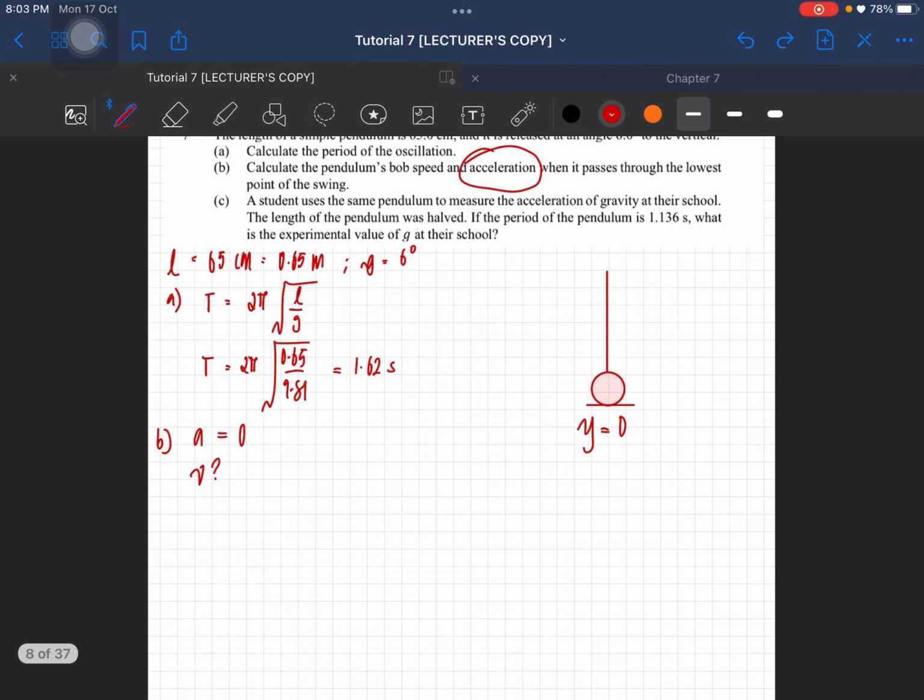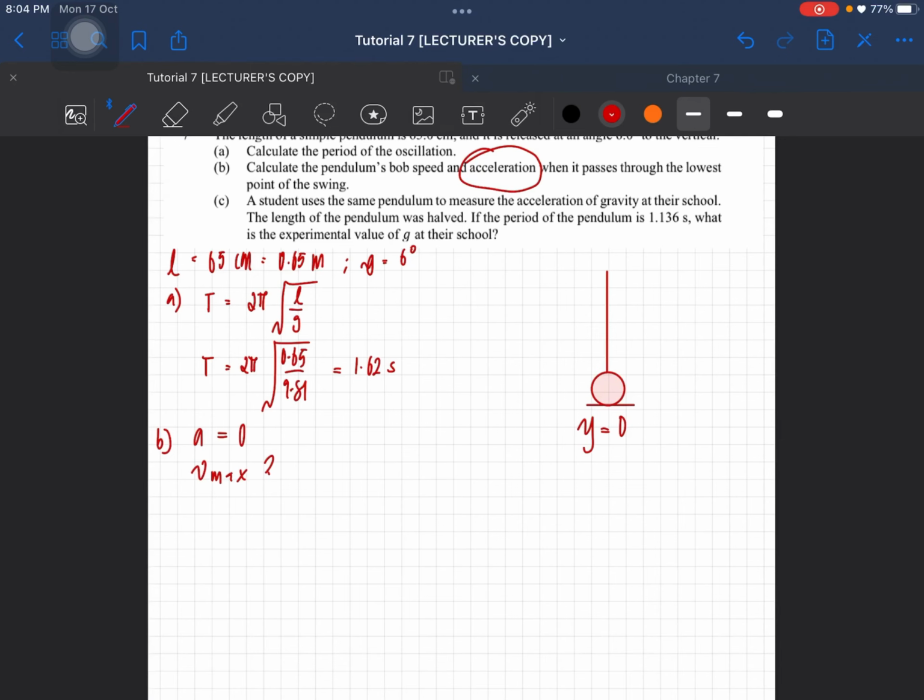But first, let me rewind. What is happening at y equal to 0 for the speed is that it will have the maximum velocity. So maximum speed occurs at y equal to 0, right?